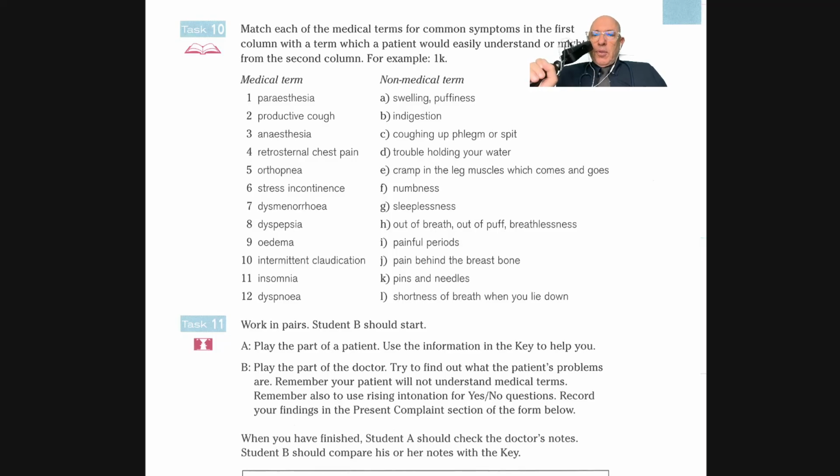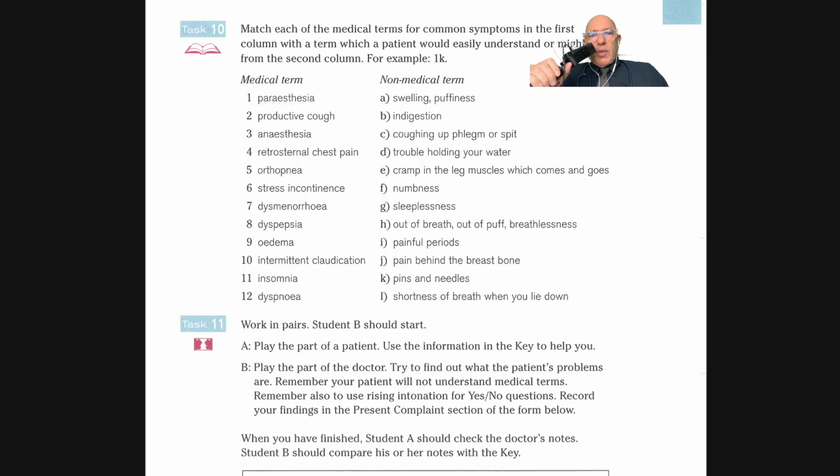Edema, British English spelling and American English. Its spelling is generally simplified. It's O-D-E-M-A. And the correct answer for 9 is A, swelling or puffiness. Intermittent claudication, 10.